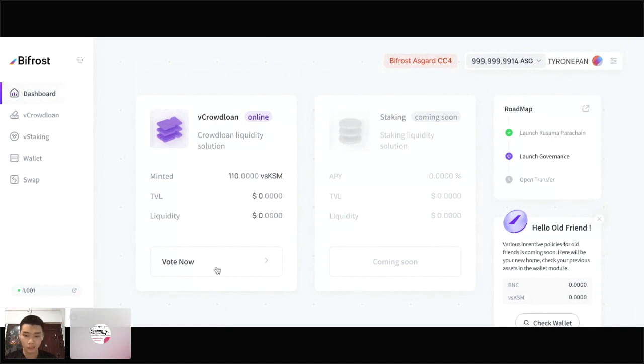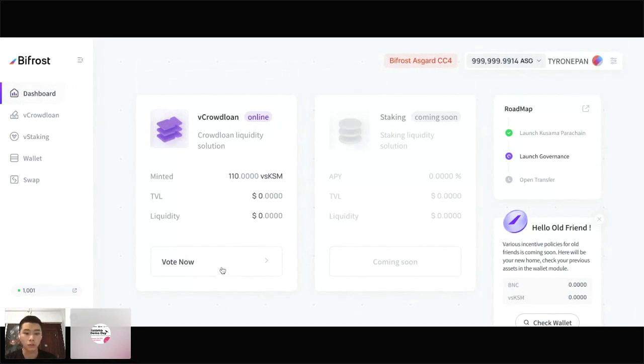So if you want to vote, we click vote now, and in the near future we will open the staking product for staking liquidity, for example V tokens, V DOT and V Kusama, to represent your staking liquidity.